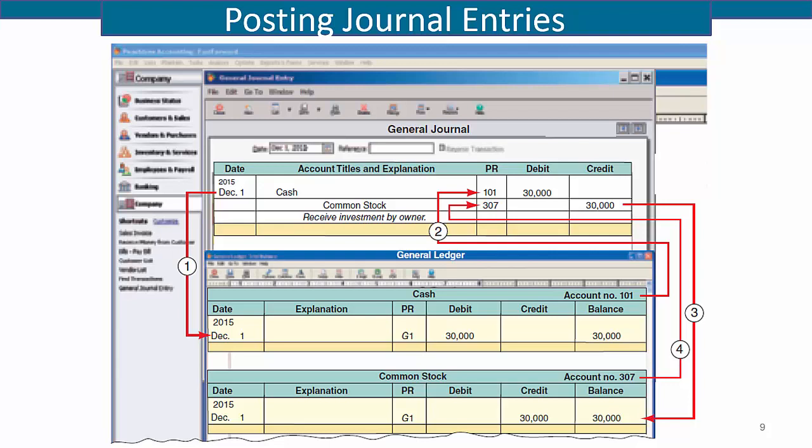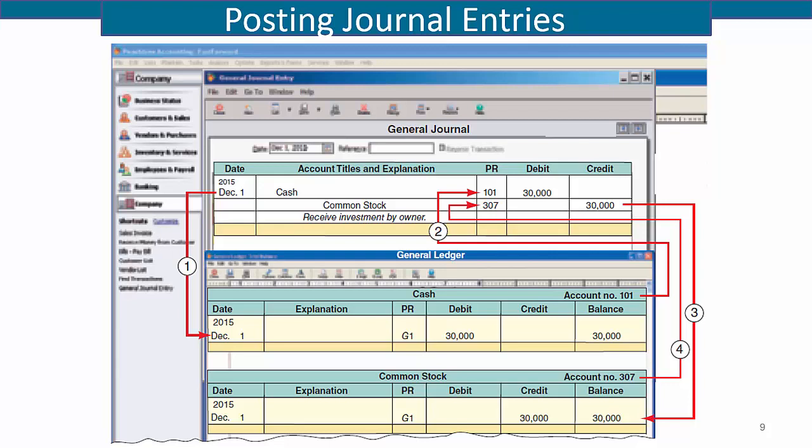Also, you should post in order from the first debit in the journal entry to the last credit in the journal entry. An example of what not to do is to search through all the journals and post all the entries to cash first before going to another account.